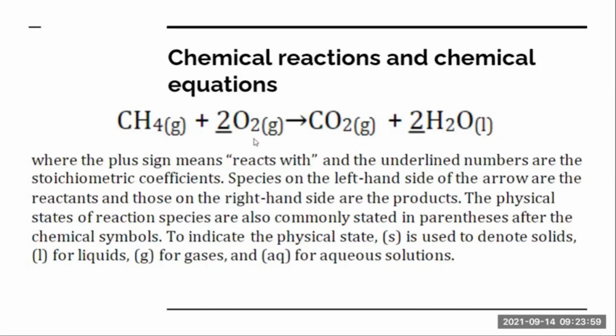The left side of the arrow are the reactants. Okay, so these were the original formula, original molecules that have reacted, and then on the right side is the products of the reaction. Okay, so again, ethane plus oxygen gas, combustion products are carbon dioxide and water.